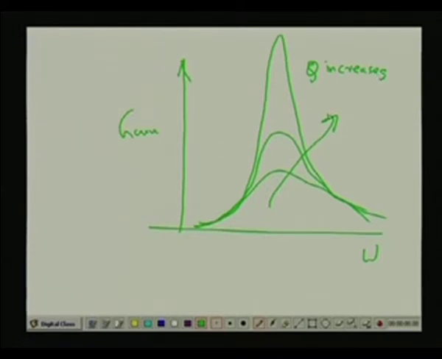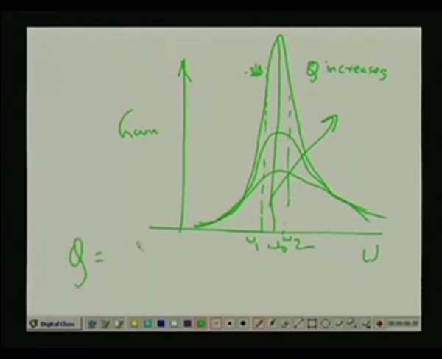Now, what is Q? Let us see the Q in terms of frequency. Suppose this is omega naught, and we take the minus 3 dB points, omega 1 and omega 2.